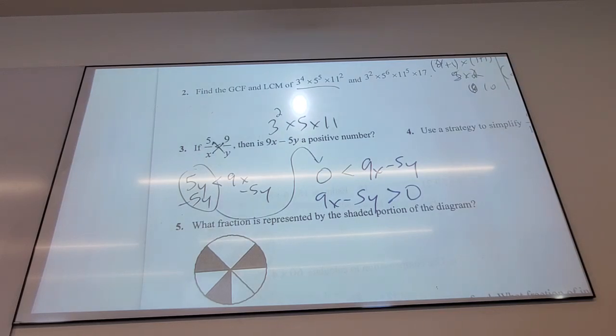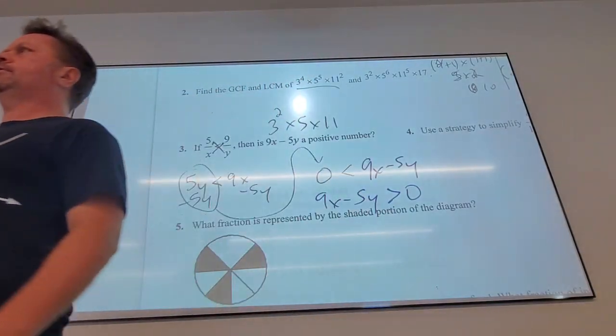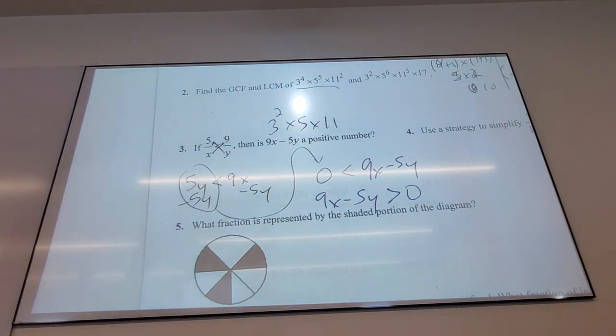All right, let's see. 2, 4, 6, 8, 10, 12, 14, 16, 17. Okay. You get into groups of, the rest of you get into groups of 3 or 4. Can you guys do that? I can help if I need to.